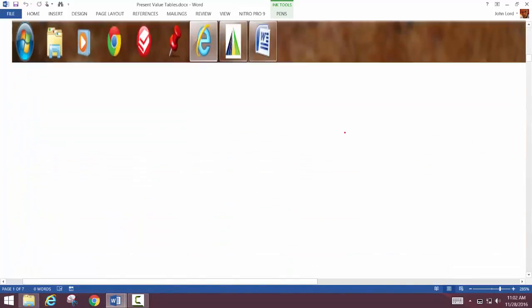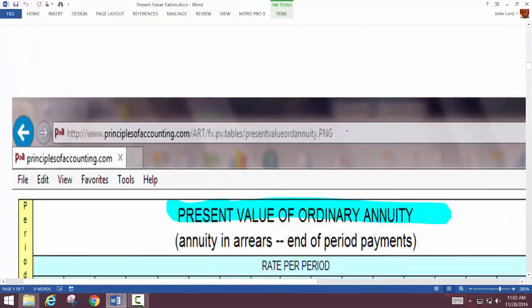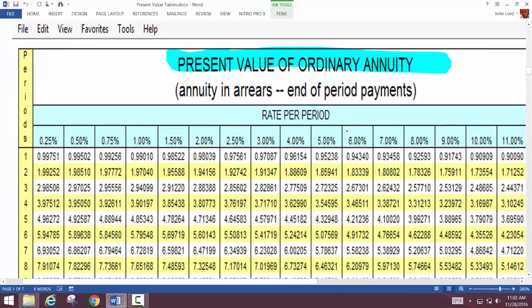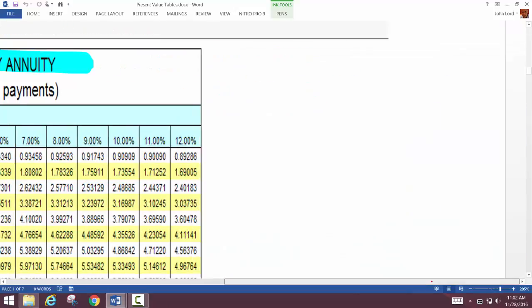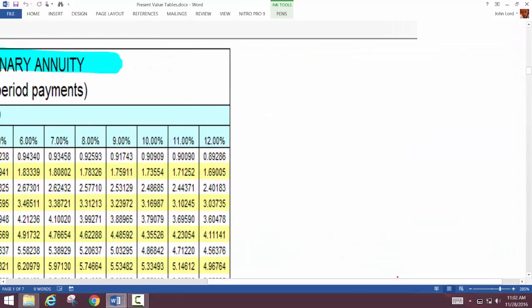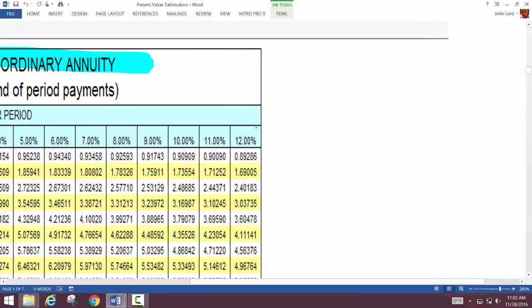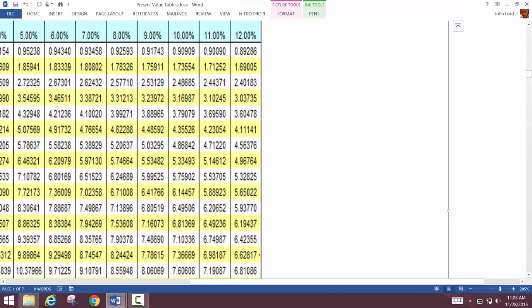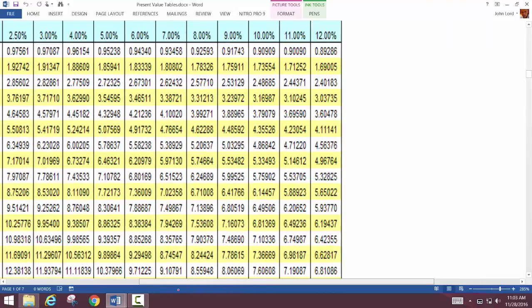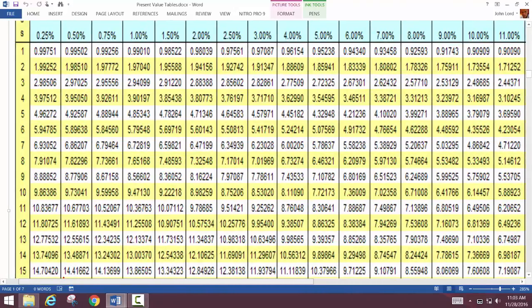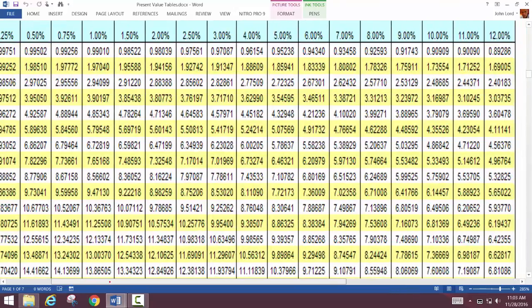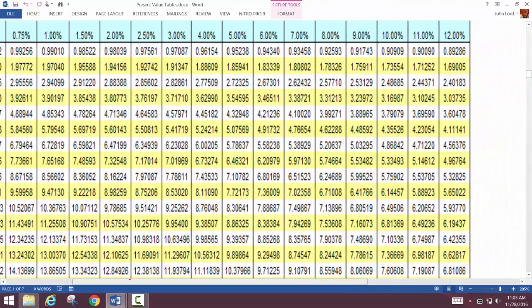Which one do you want me to use, Long? You want me to go to the present value of the annuity table right here? Okay, good. So I'm going to go to what interest rate? 12%. Good. Okay, and I have to find what? Six periods? Okay, so what's that? Is that number that they just gave us, that 4.11 whatever?